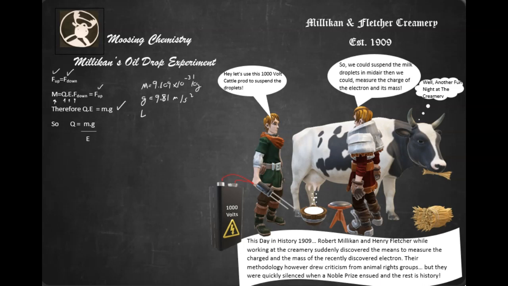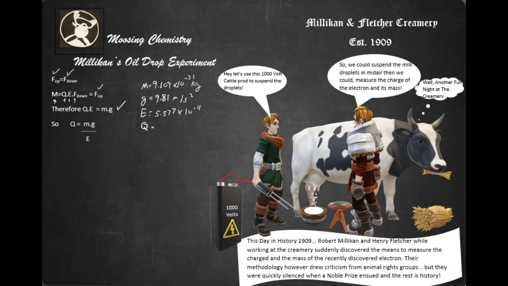And we know the electrical field. The electrical field in this case is going to be 5.577 times 10 to the negative 11. Okay, so now all we have to do is find the value of Q.